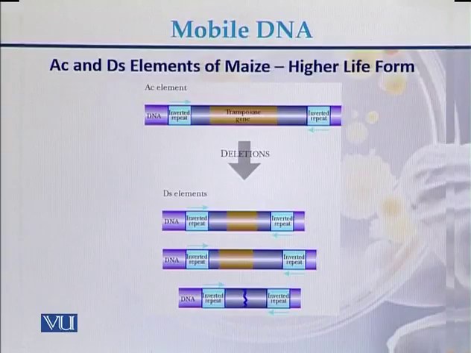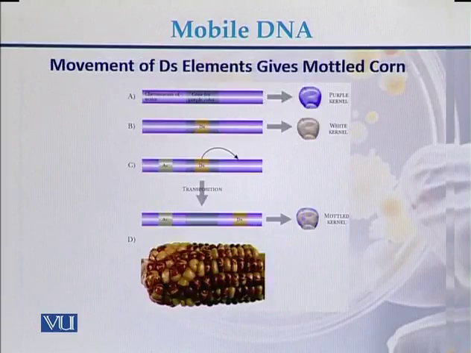So in higher life forms mobile DNA is also present, and in maize we see that there are activator sequences and dissociation sequences, which are written as AC and DS.